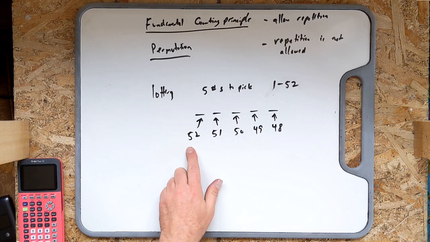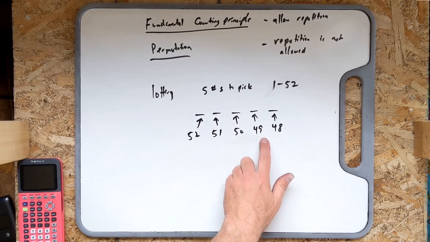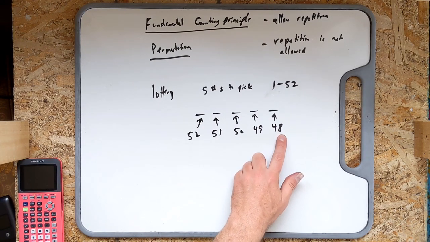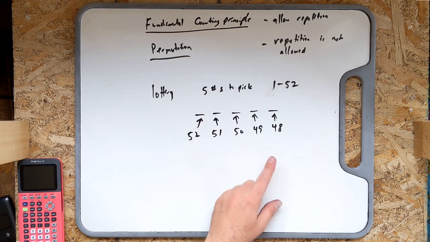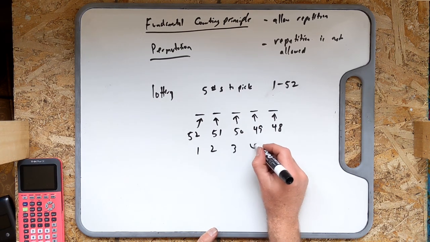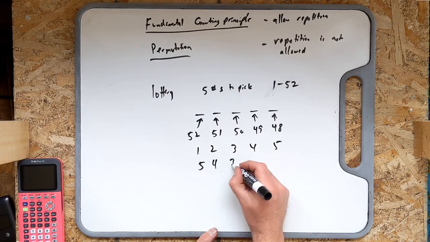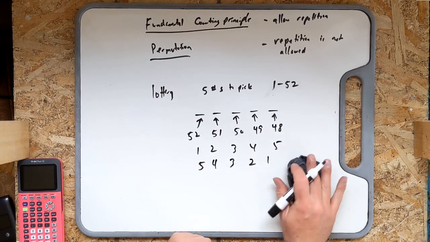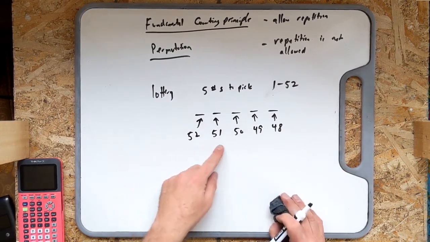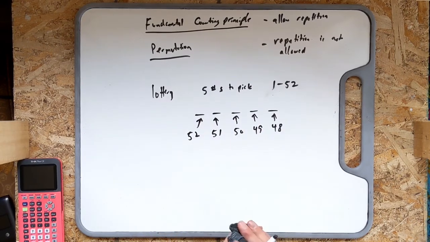So what is the total number of outcomes? 52 times 51 times 50 times 49 times 48. That's not quite correct, because in lottery numbers, the order, in fact, doesn't matter. How you pull the ping pong balls out doesn't affect it. In other words, the lottery number 1, 2, 3, 4, 5 is the same as the lottery number 5, 4, 3, 2, 1. So this isn't quite correct, but you can see you do have to drop some. I'll get to the other point in a moment.